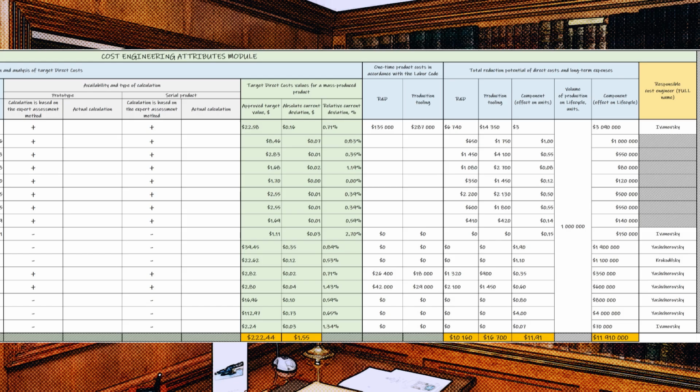How exactly this is formed, or rather, what makes up the expected reduction in one-time and direct product costs, we will consider as part of the review of the following BOM modules. A necessary attribute of this block is the volume of production over the life cycle, i.e., the parameter included in the basic list of initial data for analysis, the standard form of which we considered at the very beginning of practical case number 2 of our training course.